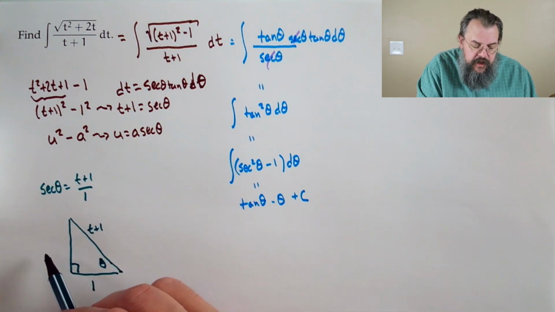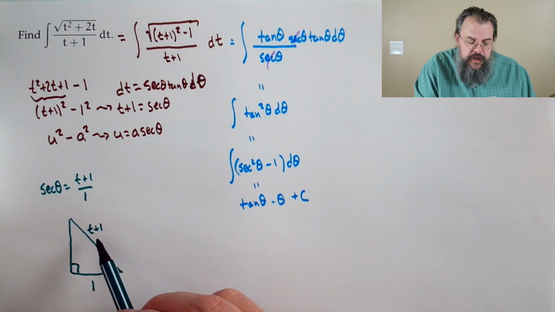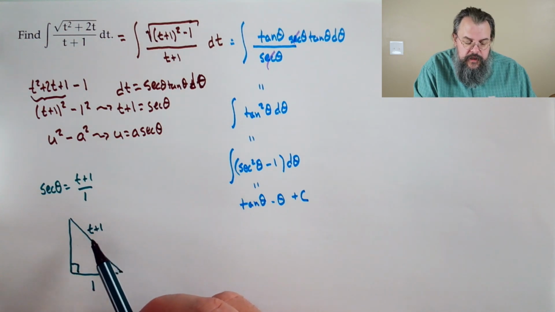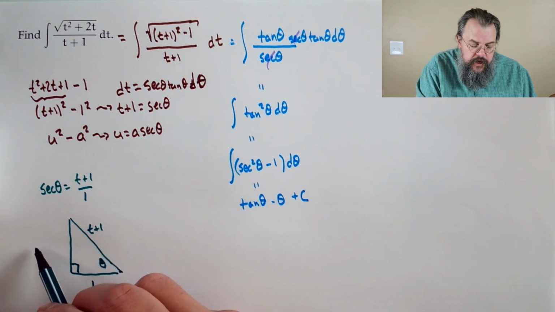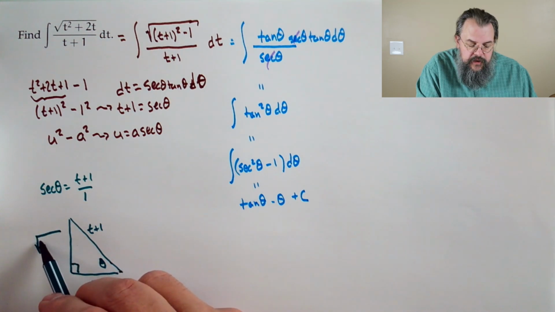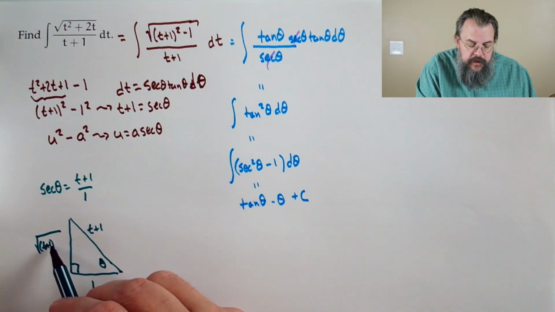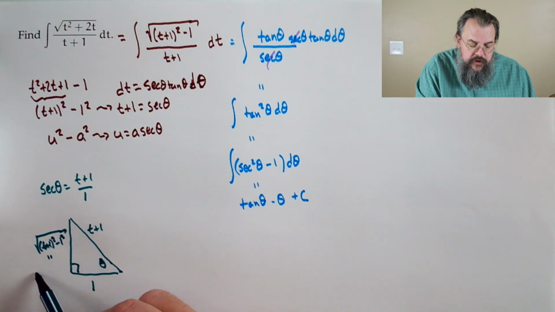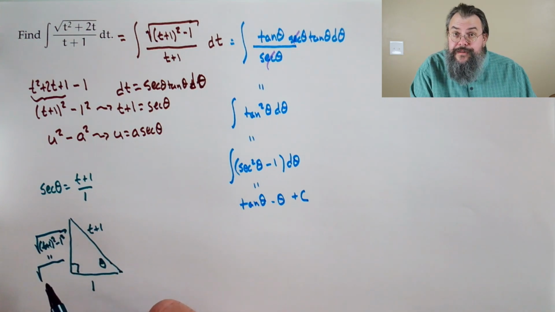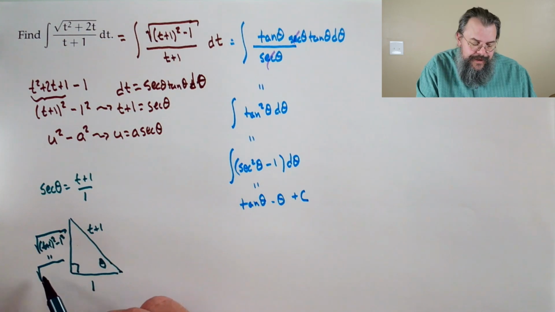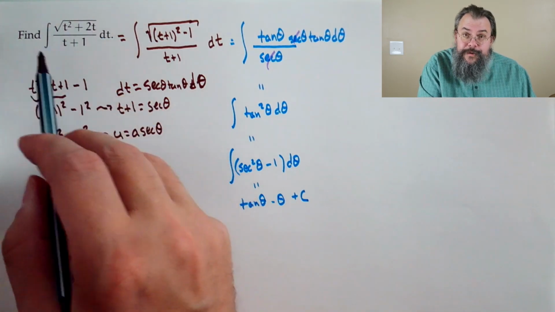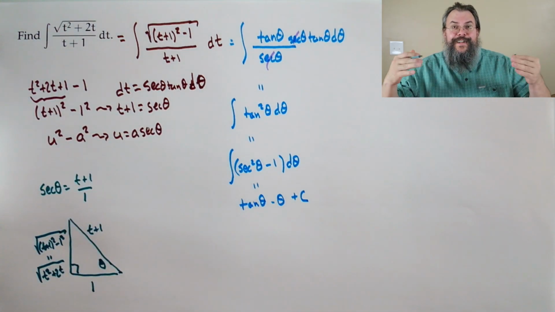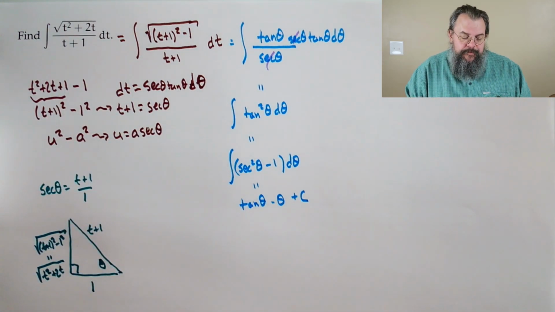And this last side would be the square root of t plus 1 squared minus 1 squared. So you can write it that way, but it simplifies to, can you guess? Oh, don't have to guess. It's t squared plus 2t. The original term, the thing that got us going down our path here.